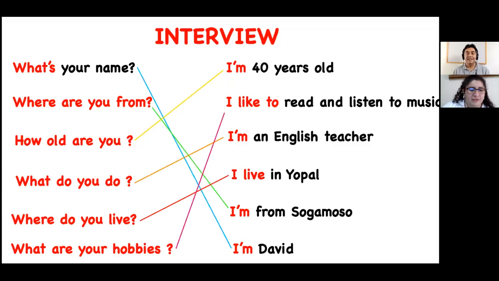Excellent. See? Now, with these questions, these are the answers for these questions. So, in a normal class, en una clase normal de inglés, lo que hacemos es que trabajamos en grupos, ¿sí? Donde cada grupo o parejas van a interactuar utilizando preguntas.